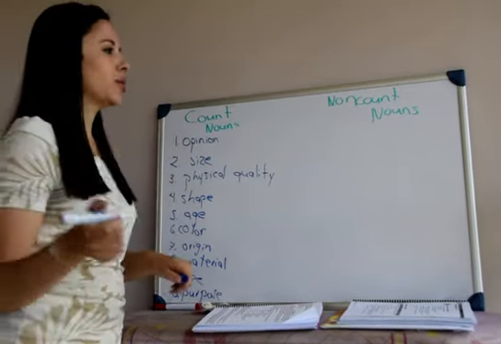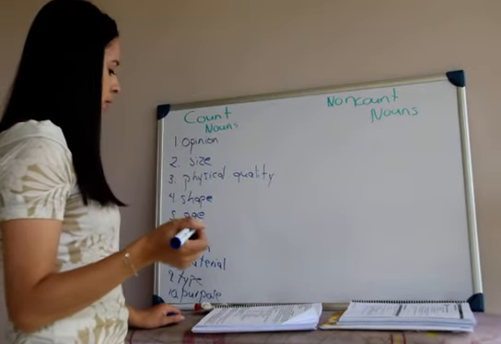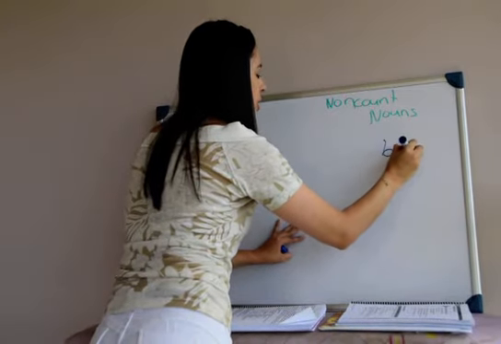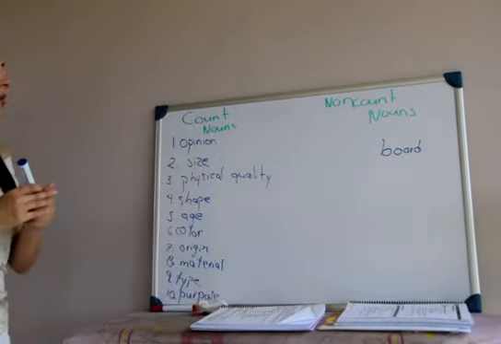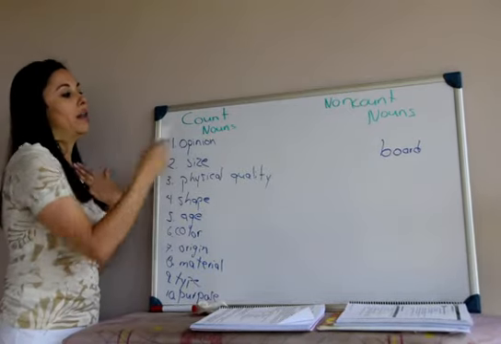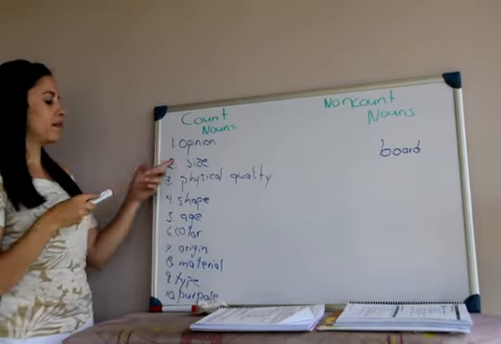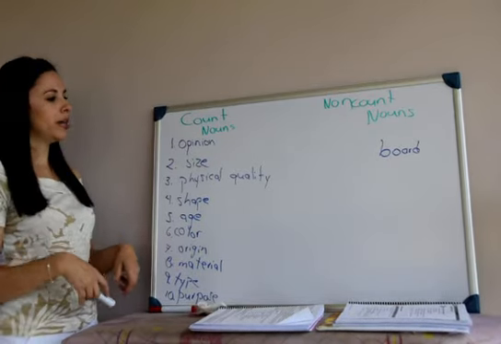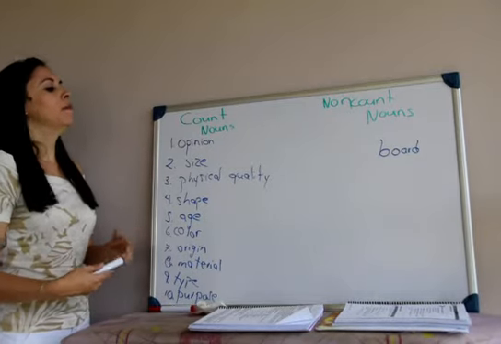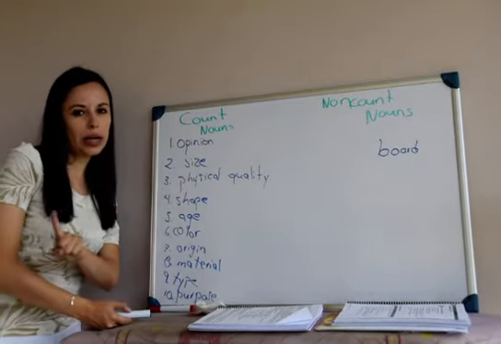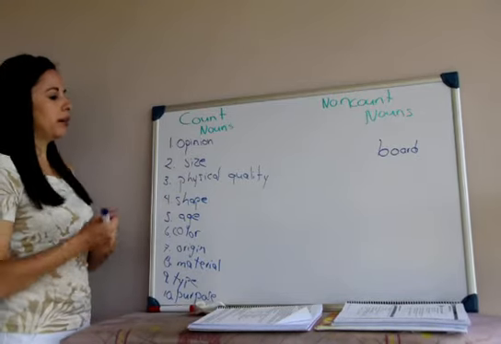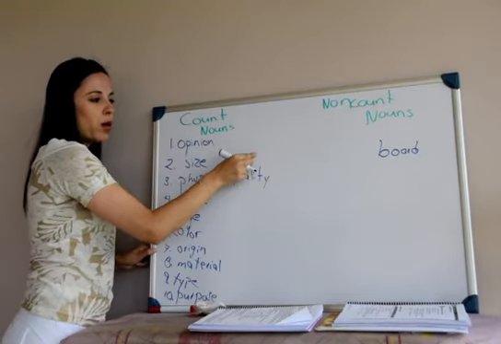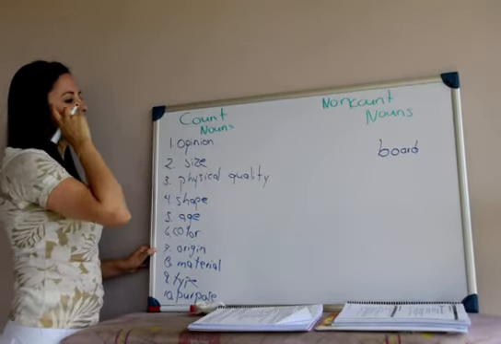So let's say that we want to describe, I don't know, let's describe the board. Okay, so my board is the item, and I want to provide a description of the item. So we can talk about what I think about the board, the size, the shape, the color, the material, the purpose, right? So we can add different adjectives. But, as I said before, if we want to add more than one adjective, we need to follow this order. That means that here is the noun, and we need to add the adjectives before. Remember that adjectives usually go before the noun.